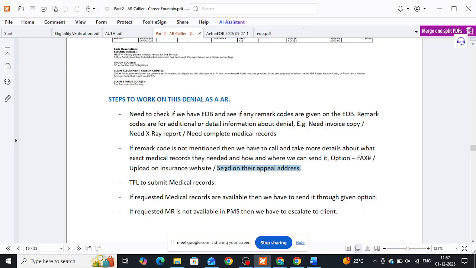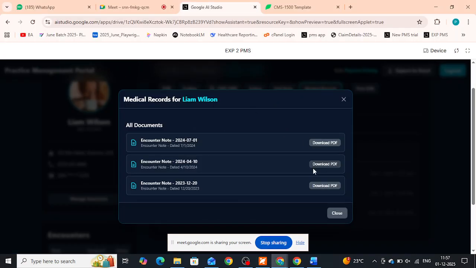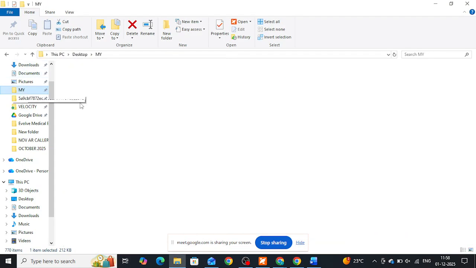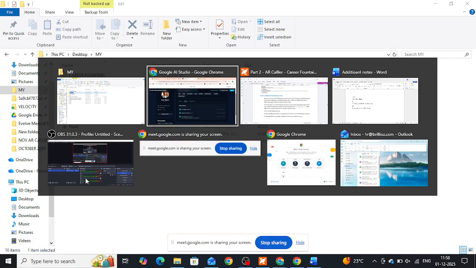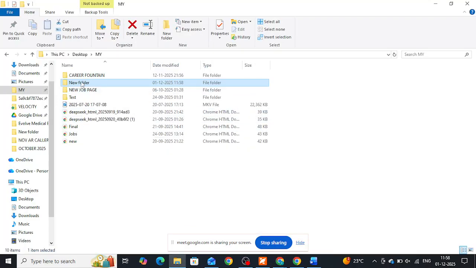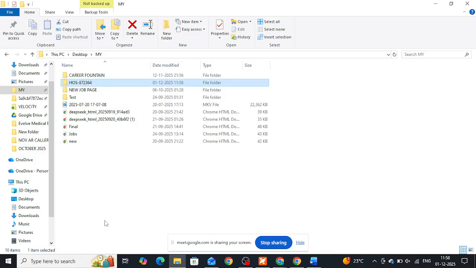Generally this activity is handled by our client side. So our responsibility as AR is to go to the system, find the required medical record, and download it. We have to make one particular folder. For example, I am creating one folder for this account, and we have to rename it.